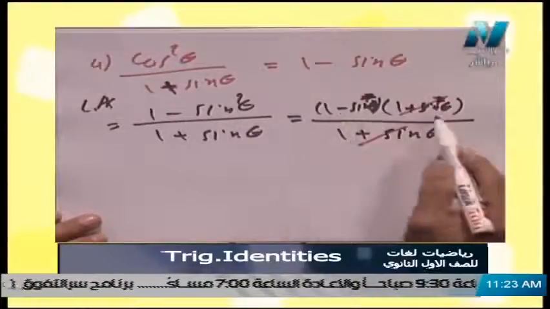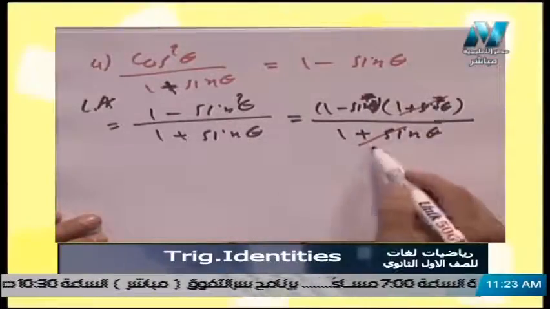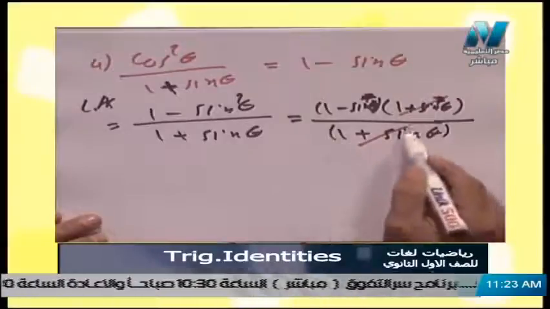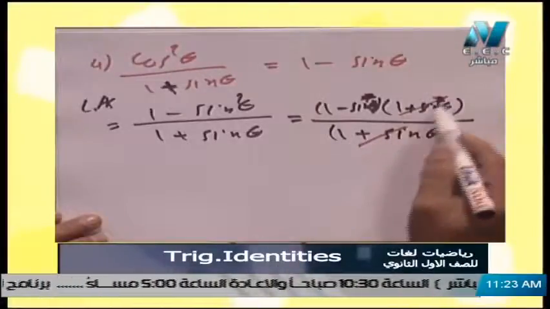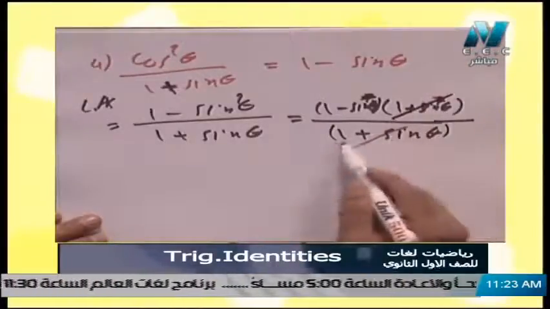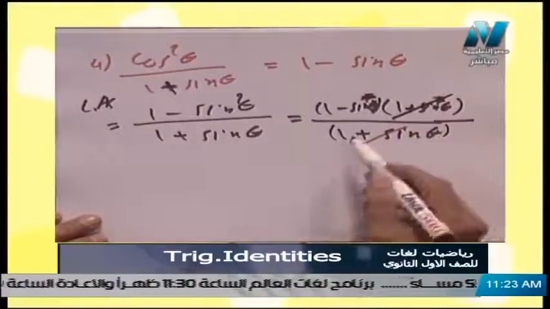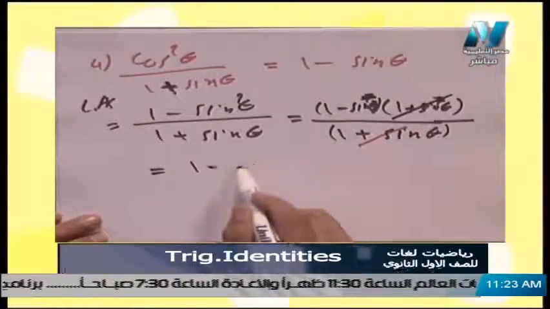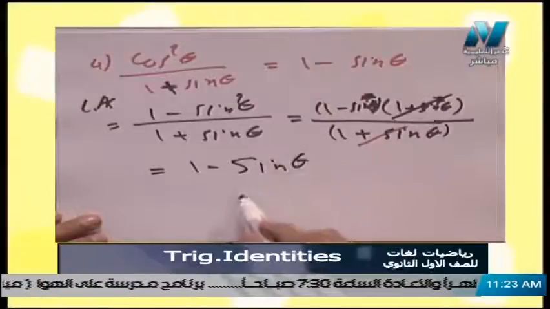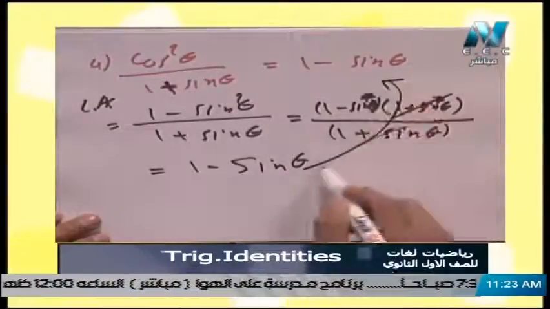We cancel this part with this part, because 1 plus sine over 1 plus sine equals 1. So the final answer will be 1 minus sine theta, and this is the right hand side.